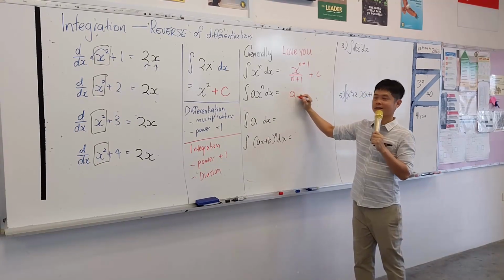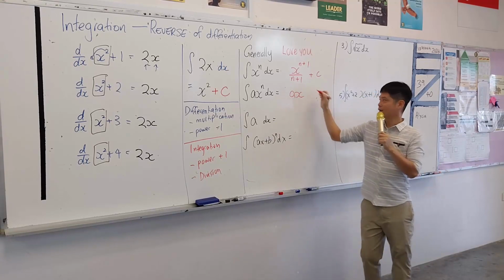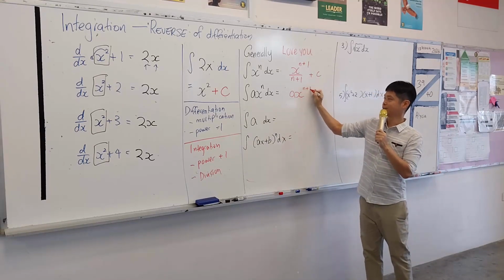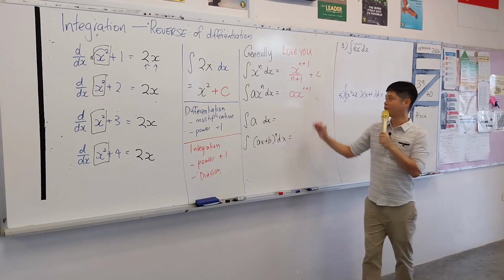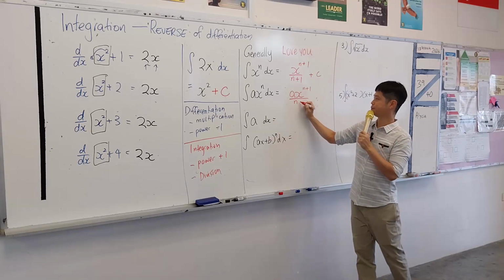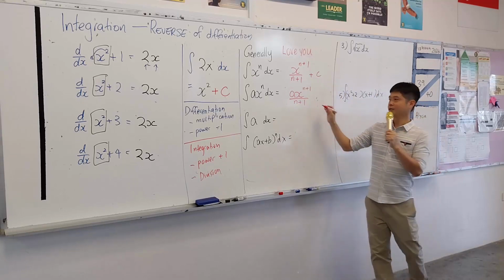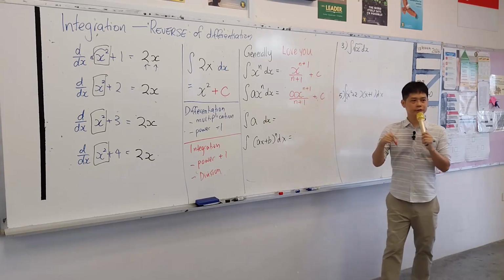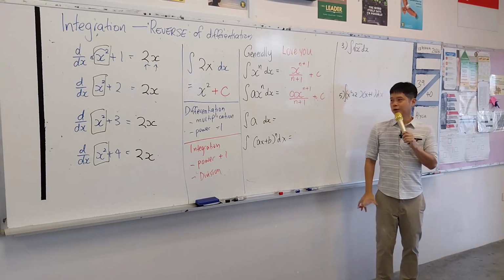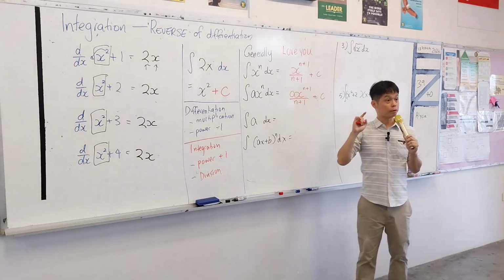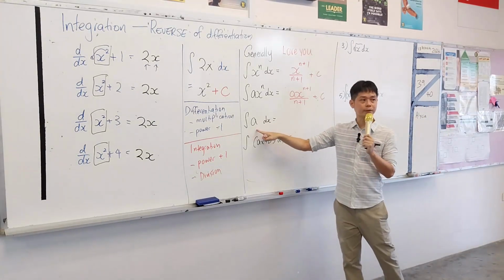Same thing here. What do you think? For a x, I add the power plus 1, and then I divide by the new power, plus c. It's good that you always say it out. Now in this one, the power of x is 0. A is a constant, by the way.